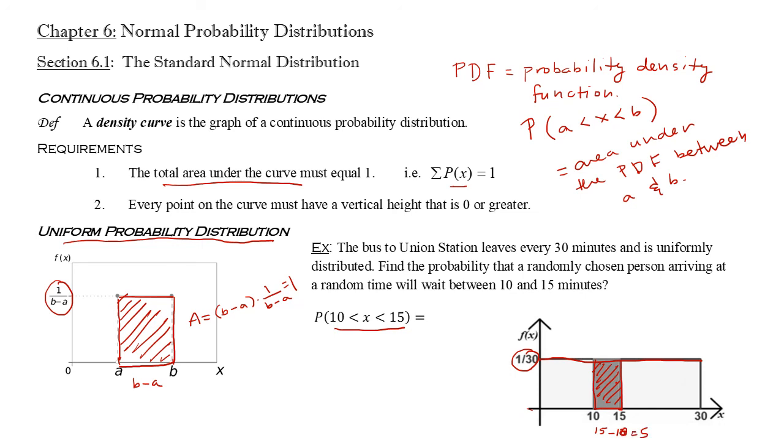And then the height would be 1 over 30. So it'll be 5 times 1 over 30, which is 5 over 30, or 1 over 6. So the probability that it will arrive between 10 and 15 minutes is 1 over 6.